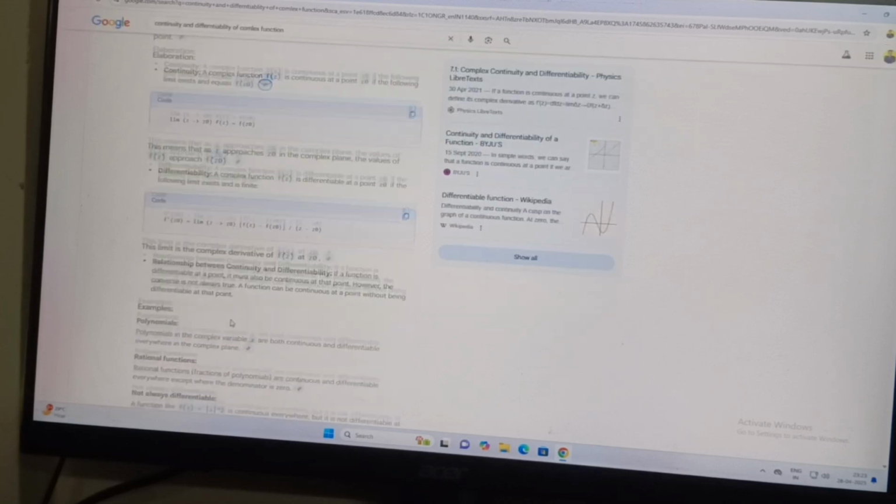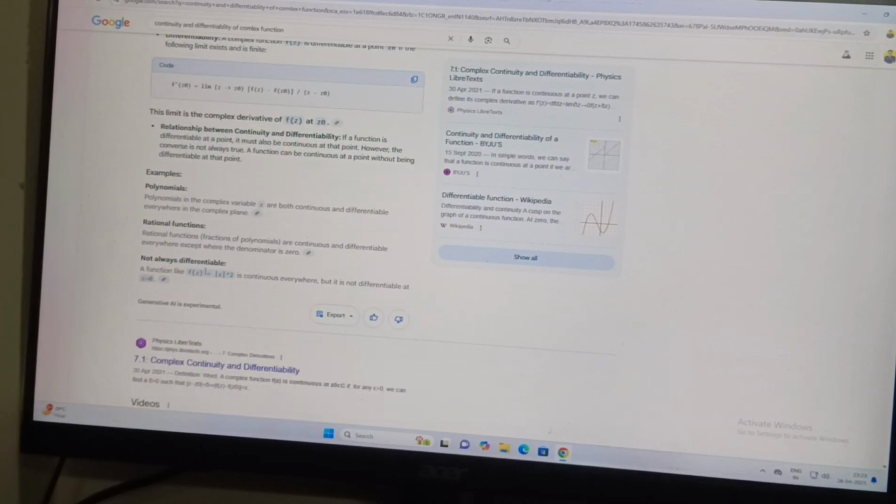As we can see, differentiability: we know that all polynomials are differentiable and continuous. Polynomials in the complex variable z are both continuous and differentiable everywhere in the complex plane. We can also see rational functions.